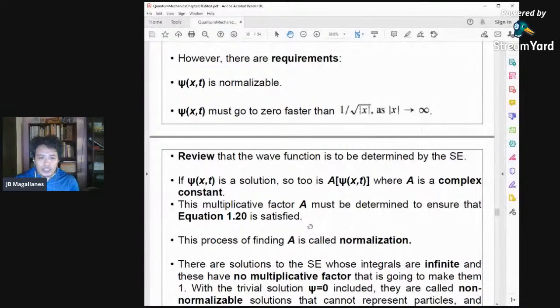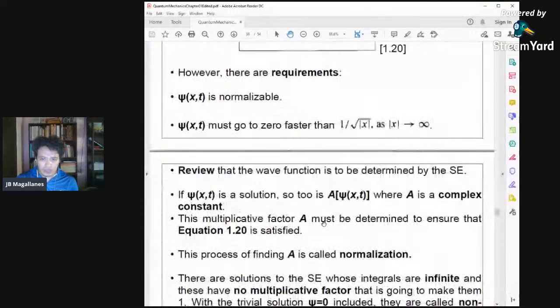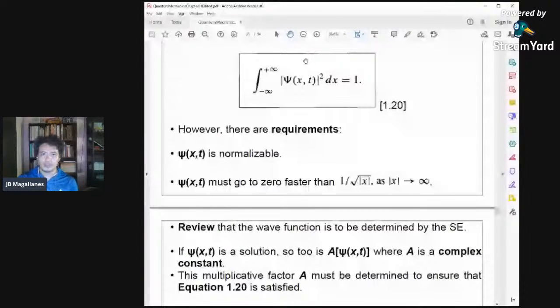So you can find a such that when you put a squared in this equation, the integral of the wave function is equal to 1.